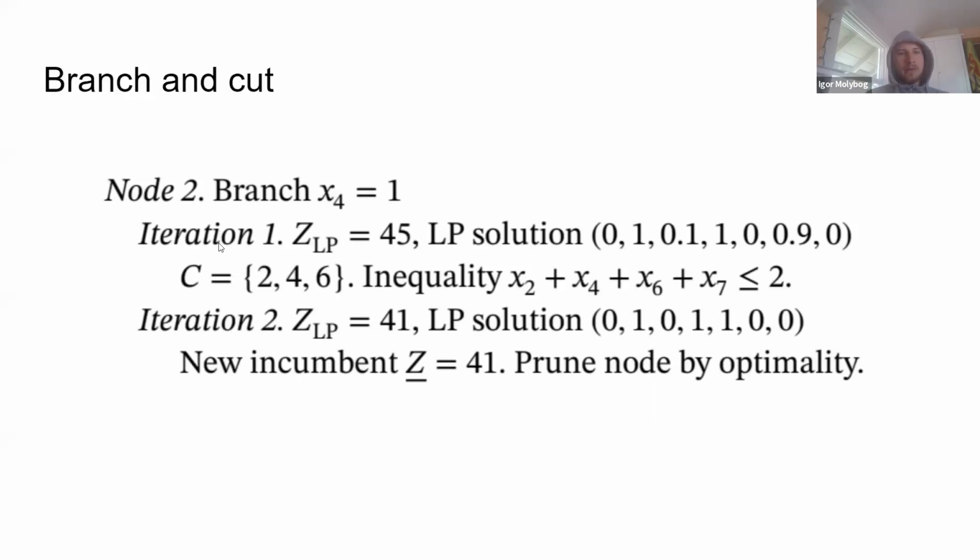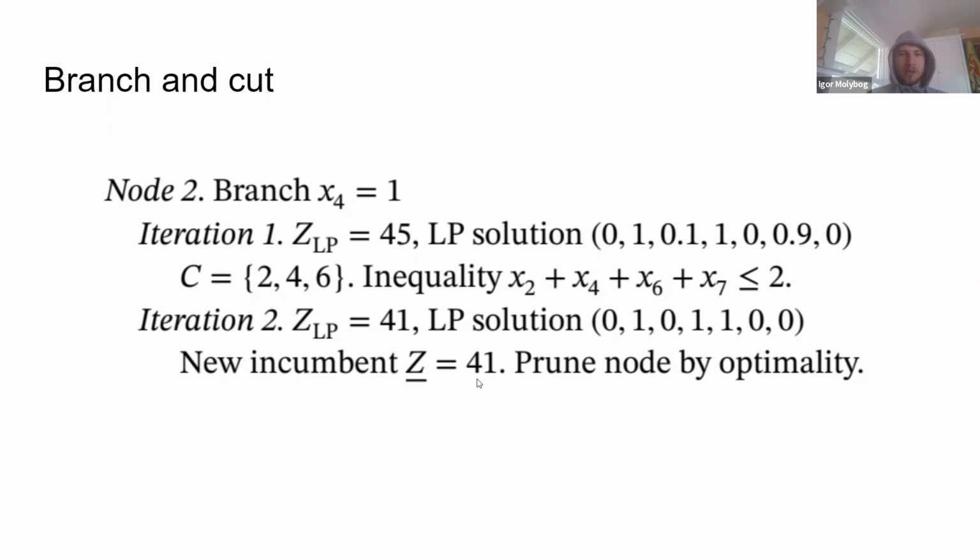On the first iteration, we are adding a new cover inequality, and on the second iteration, we obtain an LP solution that is binary, that does not have any fractional components. So the new lower bound for the problem at this node is equal to 41.